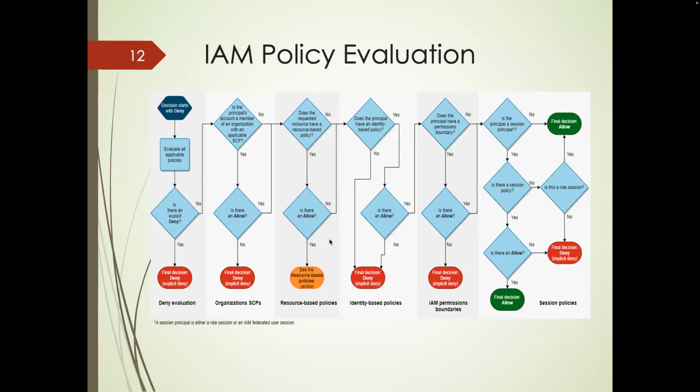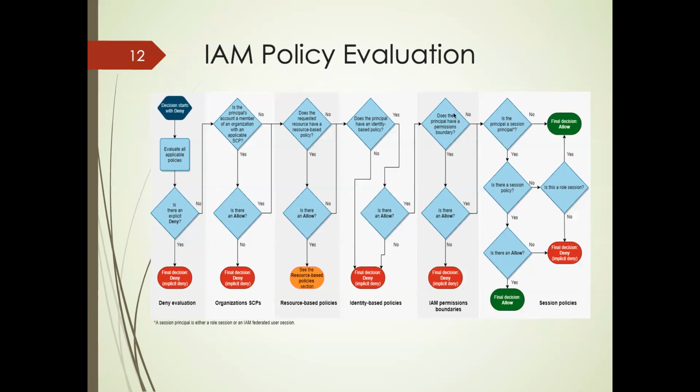But if there's no explicit allow configured, then we will move on further. The next question it will ask, does the principal have an identity-based policy? If no, then the final decision will be deny, an implicit deny. If yes, then we have another question to ask. Is there any allow list configured? If no, then the final decision will again be deny. That's an implicit deny. And if yes, then we'll move on further.